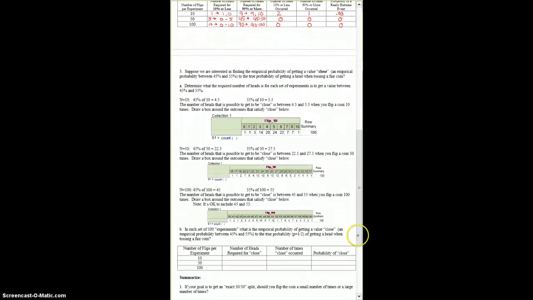Okay. So finally, we're going to look at what if we're just trying to get close. An empirical probability between 45 and 55% is how I'm going to define close this time, because the true probability of getting a head when you toss a coin is 0.5, so that's halfway between 45% and 55%. All right, so the first calculation I did was I took 45% of 10, and I took 55% of 10.